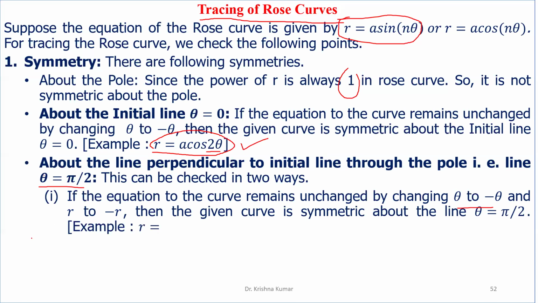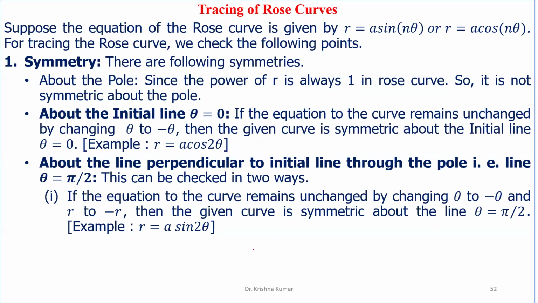For example, r equal to a sine 2 theta. Now if we replace r by minus r and theta by minus theta, the equation will be minus r equal to a sine of minus 2 theta, which is minus a sine 2 theta. Now the minus signs cancel and we have the same equation. Therefore, the given curve is symmetric about the line theta equal to pi by 2.